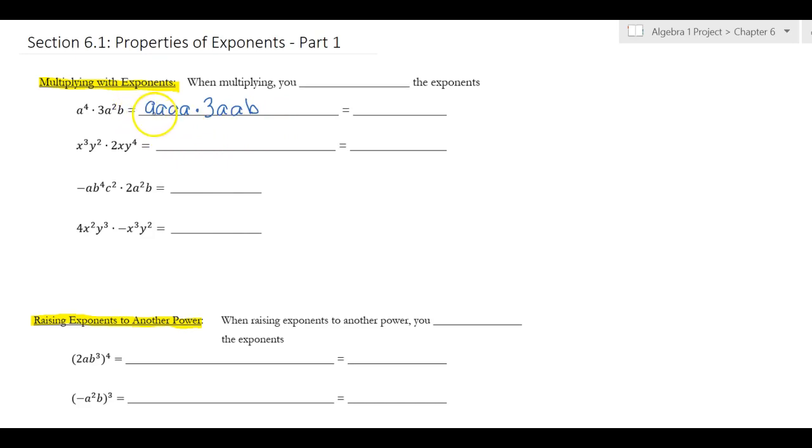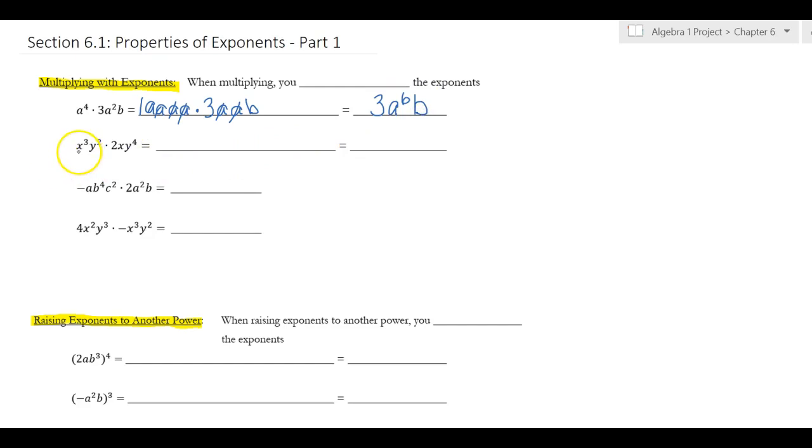After it's expanded, we put everything together. Numbers get multiplied by numbers. There's a 1 in front, and so 1 times 3 is 3. Now I count my a's. I have 1, 2, 3, 4, 5, 6. So it becomes a to the 6th. And then I only had 1 b, so it becomes b.